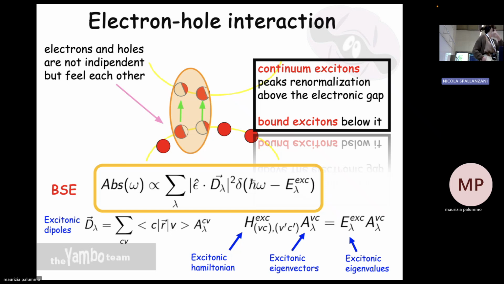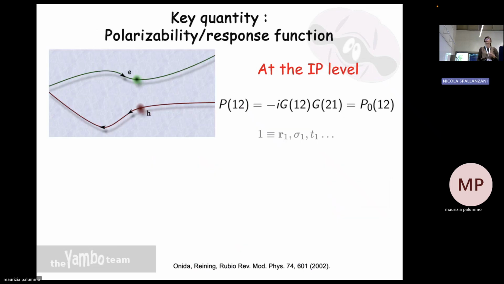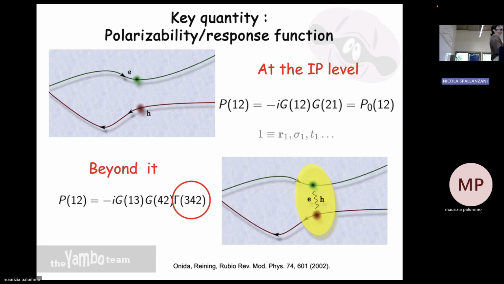So now we have to understand how to derive this equation. Okay. The physical idea is that, as you should have understood, the quantity we are dealing with is the polarizability. The polarizability is what we want to calculate, but we have to go beyond the independent particle propagator, because we have to deal physically with the interaction of the electron and hole with each other when you excite the system.